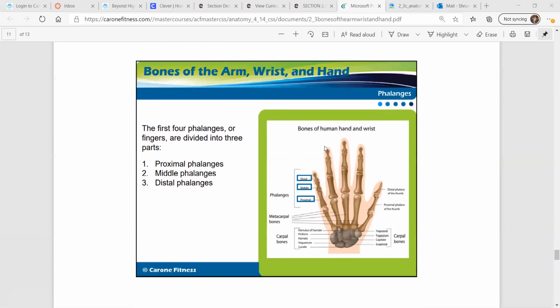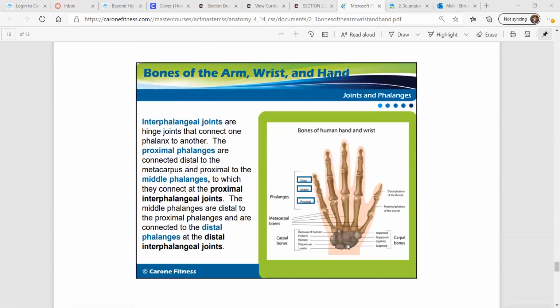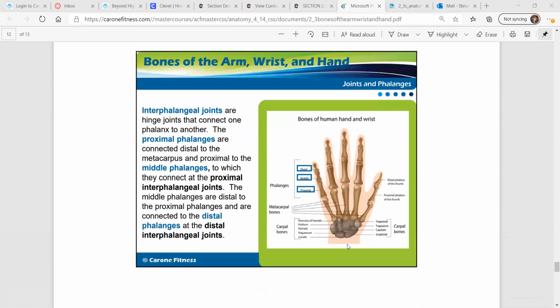The first 4 fingers are divided into 3 parts: the proximal phalanges, the middle phalanges, and the distal phalanges. So proximal, middle, and then distal is on the very end of the fingertip, in that order. Now there are interphalangeal joints, and these are hinge joints that connect one phalanx to another.